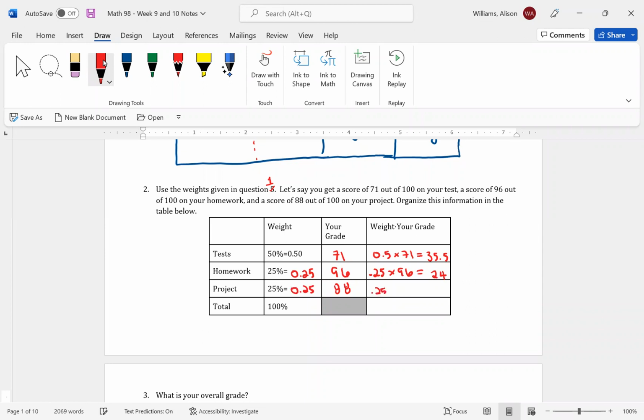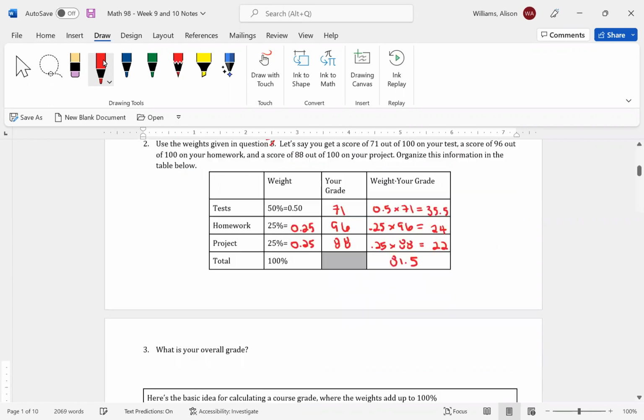Putting that in the calculator, I get 22. So the total, let's add those together: the 35.5 plus the 22 plus the 24, I get a total of 81.5.